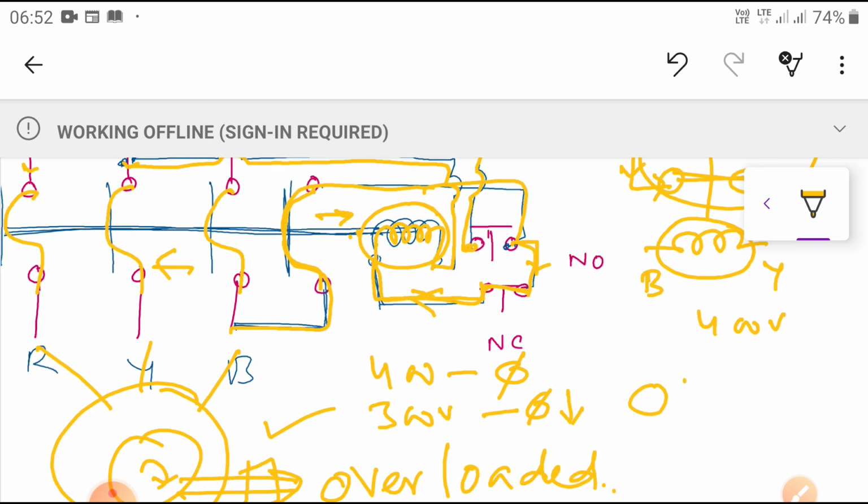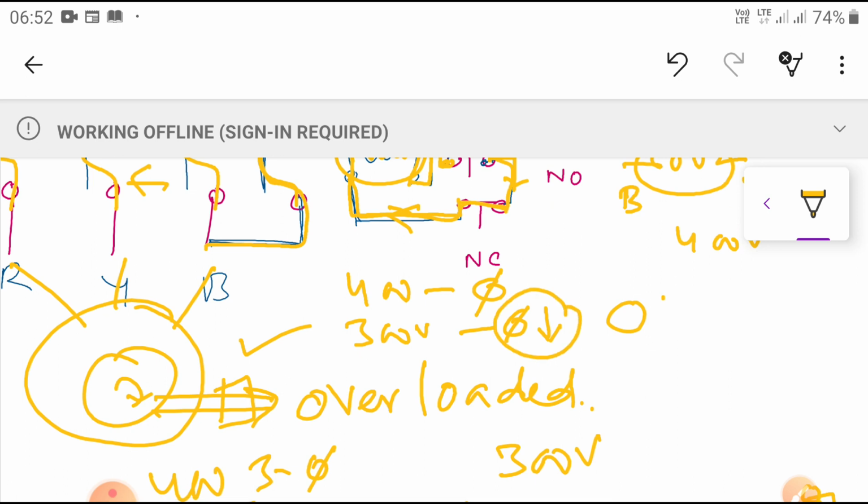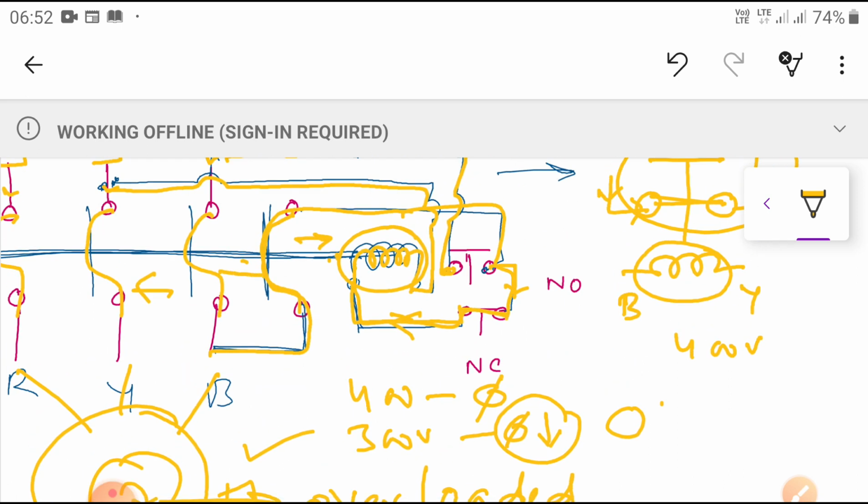Due to the reduced flux, it is unable to pull my contacts in this direction. Under normal condition, it is attracted towards this one. If the voltage reduces, whatever flux is induced is unable to hold those contacts in place, so it will release automatically.